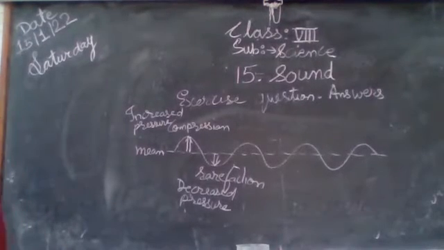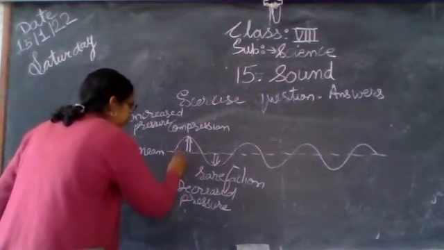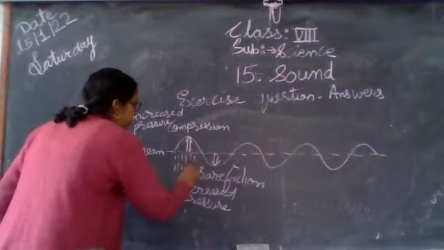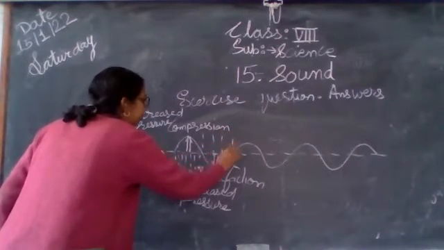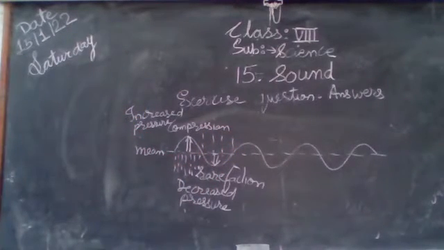Fill in the blank: the region in a sound wave with higher pressure and density. Here, density also is more compared to rarefaction. So the answer to this blank will be: where the pressure and density is more is a compression, and where the pressure and density is low, it is called rarefaction.